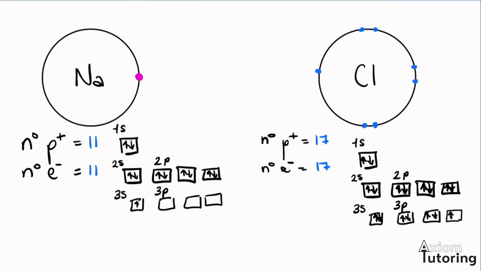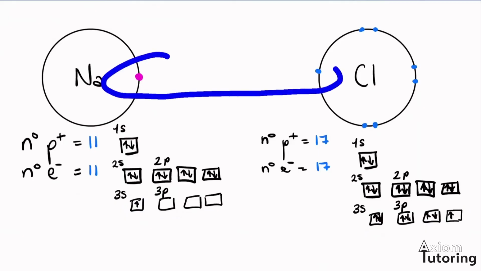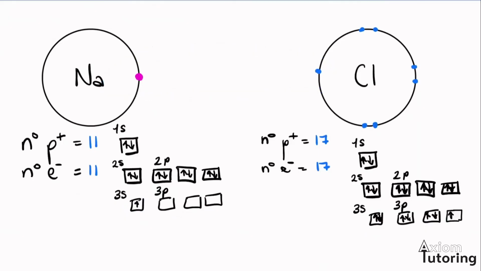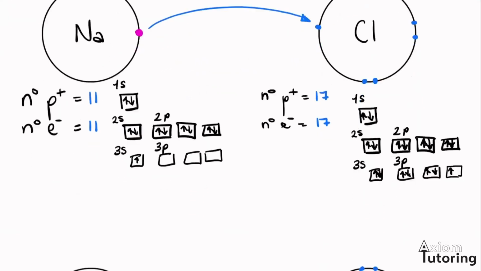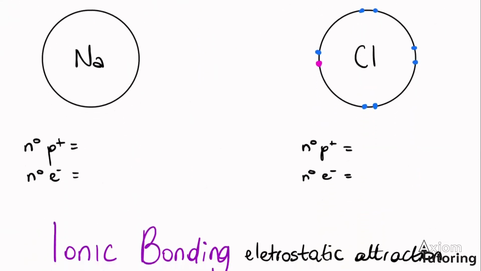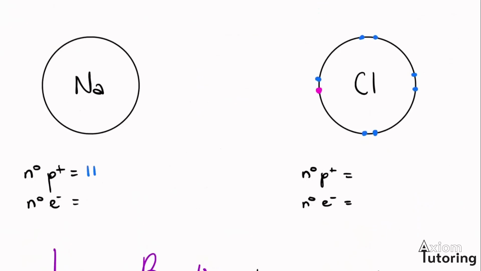And instead of doing what we've seen in the last video with covalent bonds, where the atoms have been sharing a pair of electrons, in this case, sodium decides to donate its electron to chlorine, and by doing so, the number of protons will stay the same for both sodium and chlorine.